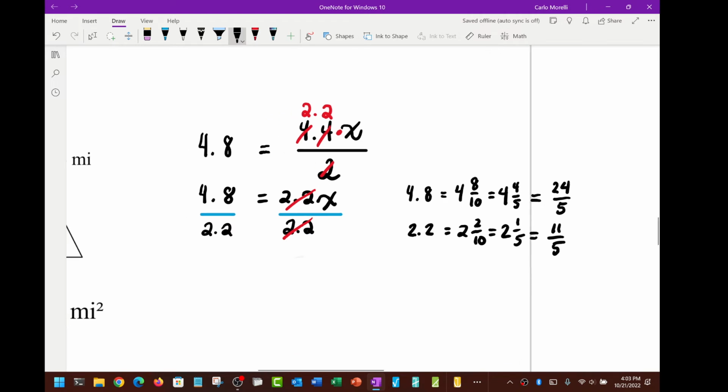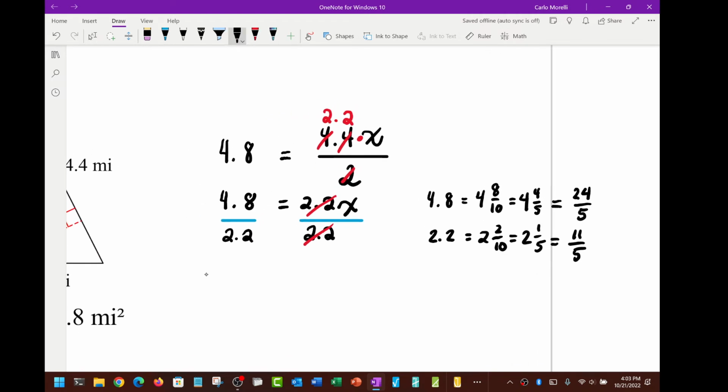Okay, so why was that helpful? Well, here's the 24/5, which is the 4.8. And then when I divide, if I'm going to divide by 11/5, what I'm really doing is multiplying by 5/11.